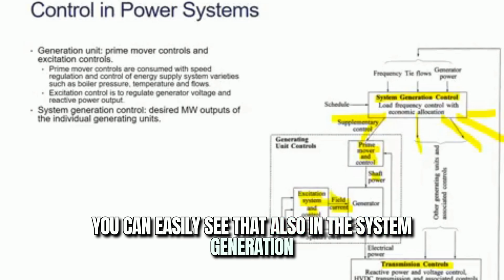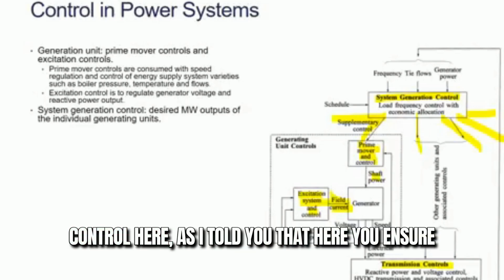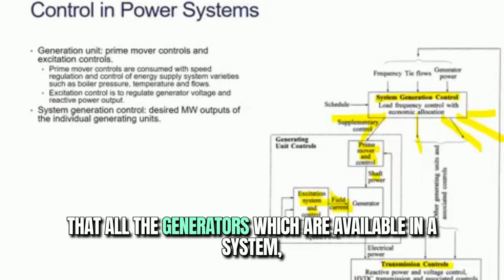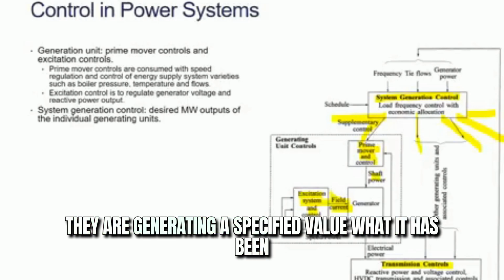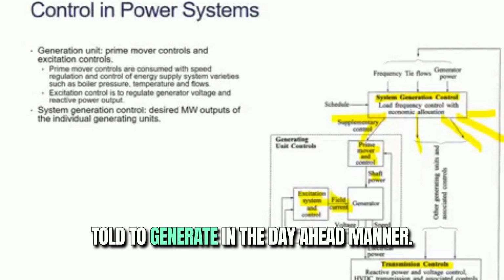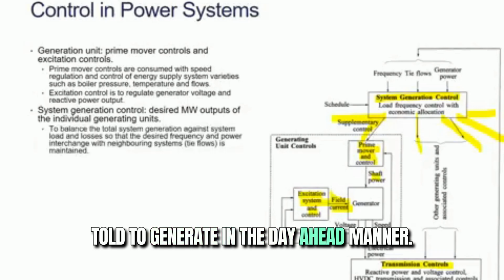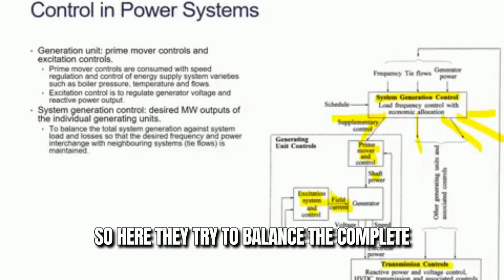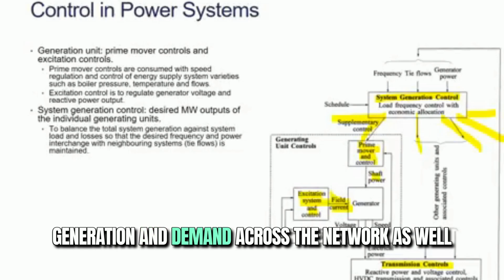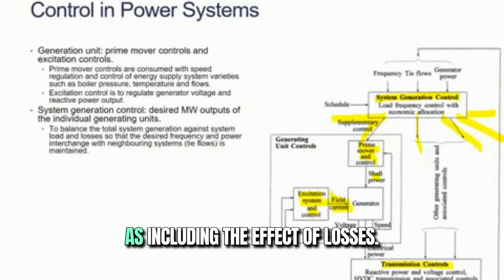Also, in the system generation control, as I told you, you ensure that all the generators available in a system are generating a specified value that they have been told to generate in a day-ahead manner. So here they try to balance the complete generation and demand across the network, including the effect of losses.